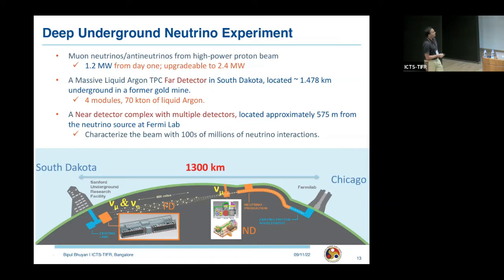There will be 4 modules, giving us about 70 kiloton of liquid argon detector. And then we are having a near detector complex with multiple detectors, located approximately 575 meter from the neutrino source at Fermilab.